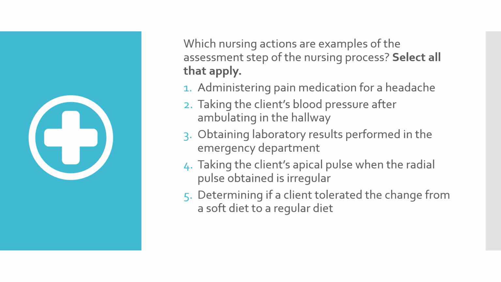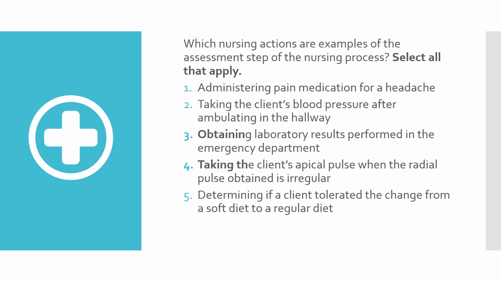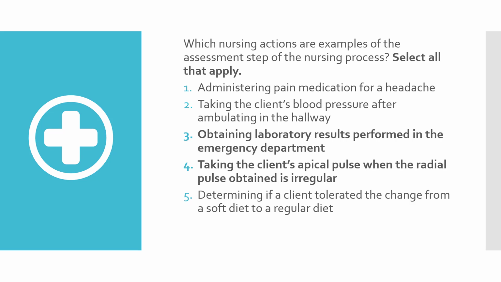Evaluating the effect of an intervention on a client is part of the evaluation phase of the nursing process. This is not one of our answers. The correct answers to our question are number 3 and number 4. These answers are both parts of the assessment phase of the nursing process.